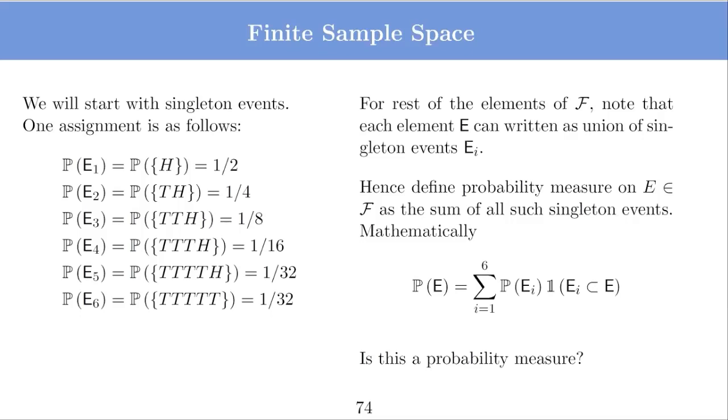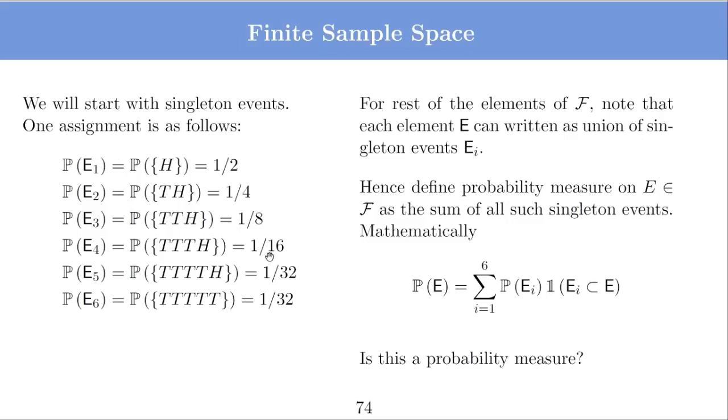Any event E in F would be a subset of capital omega. So it will be made from the outcomes of omega. So it will be a union of a few of these elements. You can take a minute to convince yourself that any element E in F would be nothing but the union of some of these events.